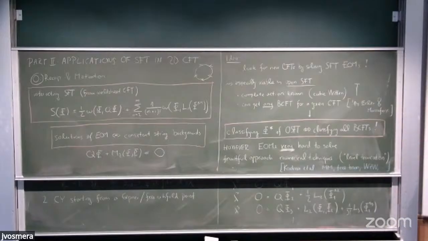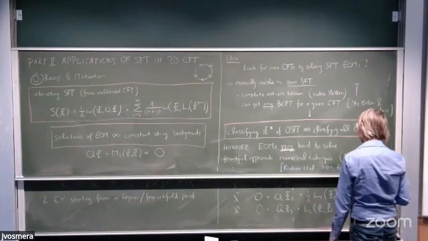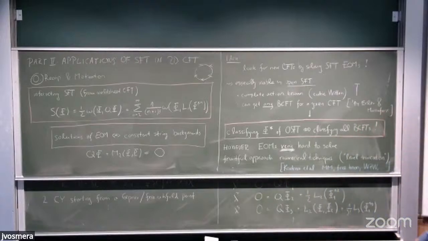So a very fruitful approach, which was explored in recent years by many people, in particular by Martin Kudrna, is to solve these equations numerically. This numerical approach is called level truncation, and it is really what the name suggests.